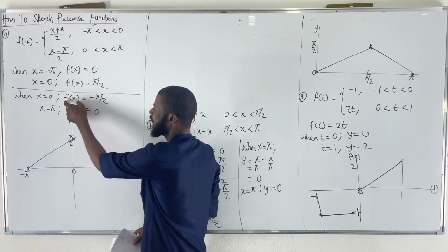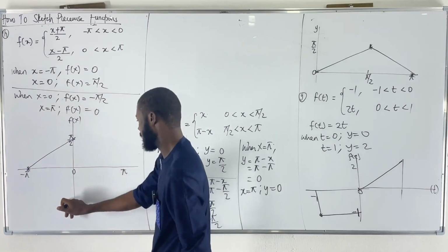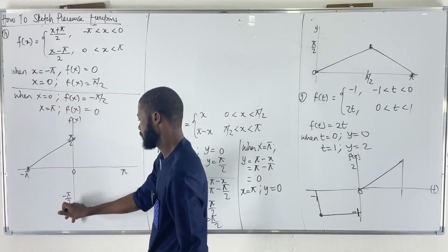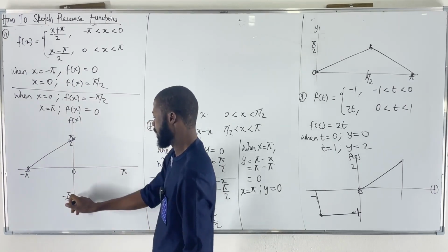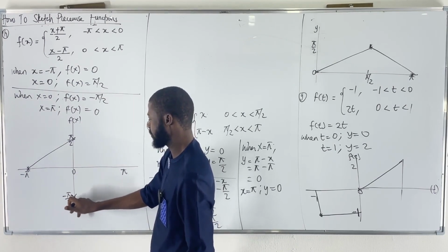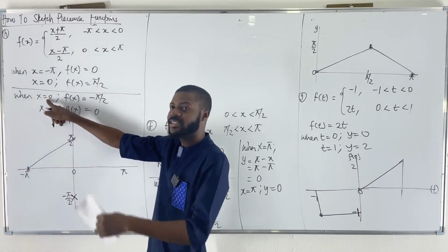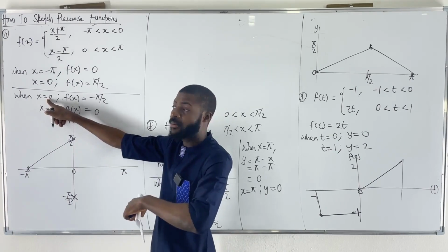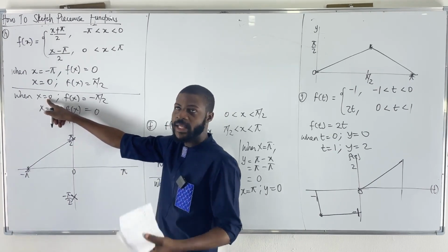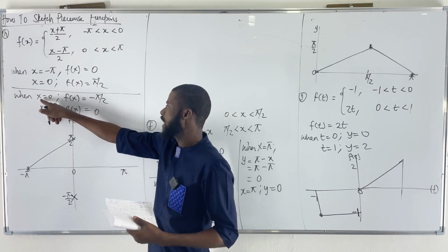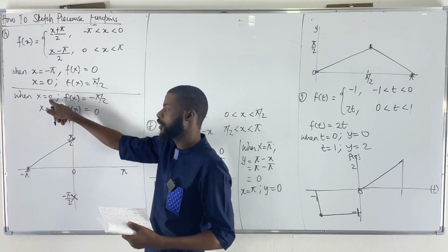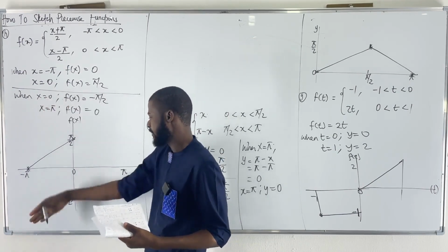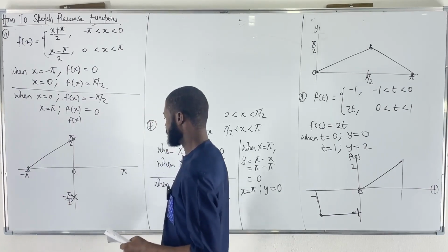They said y is minus pi over 2. So let me put my minus pi over 2 here. So that means this is an intercept, because now x is 0. If x is 0, it means you are finding the y-intercept. Remember I said that when we started this video. So that's what we have.